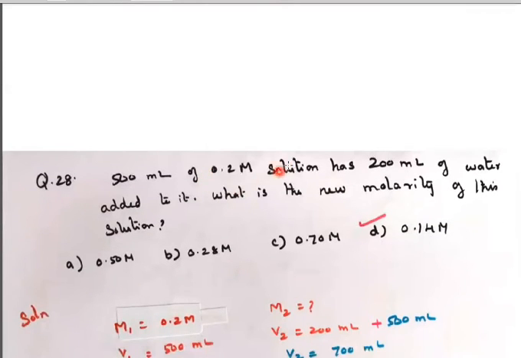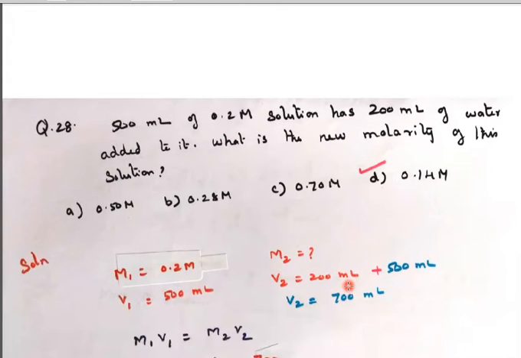Next question: 500 ml of 0.2 M solution has 200 milliliter of water added to it. What is the new molarity of this solution? All the answers are given in capital M, molarity. The concentration M1 is 0.2 and volume V1 is 500 ml.